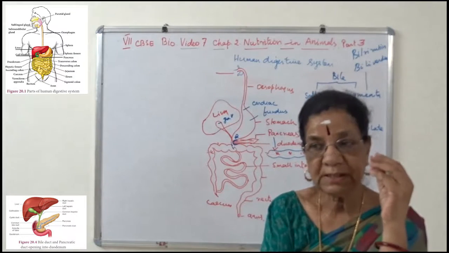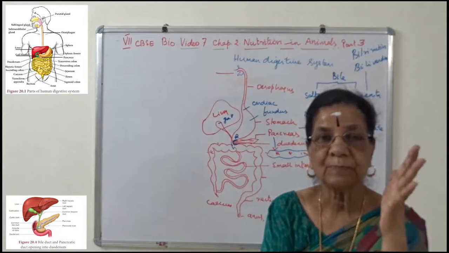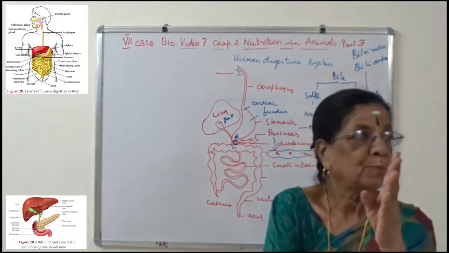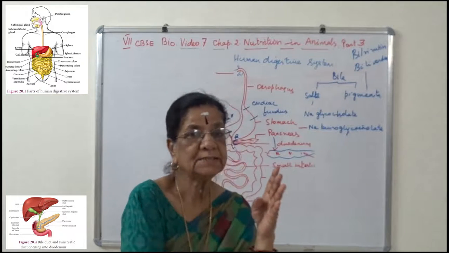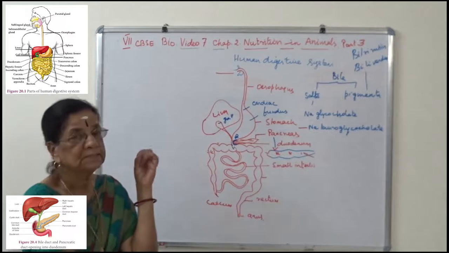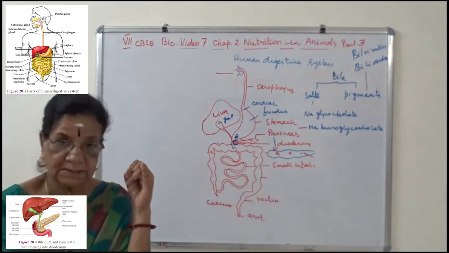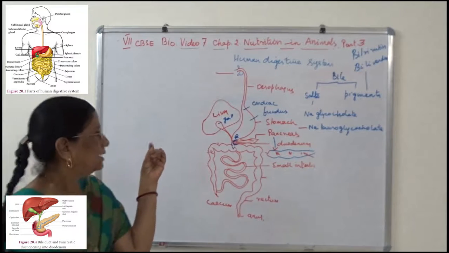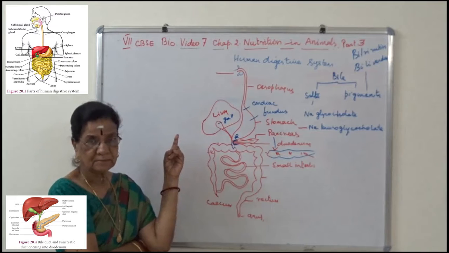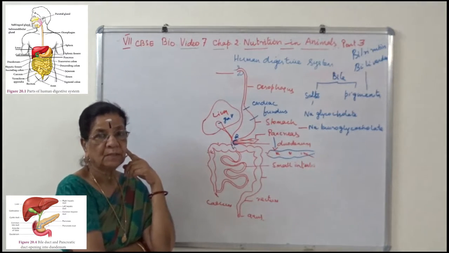The chewed food mixes with saliva. There are 3 pairs of salivary glands. The associated digestive glands are the salivary glands, the liver, the largest gland in the digestive organs, and the pancreas. I hope you follow.